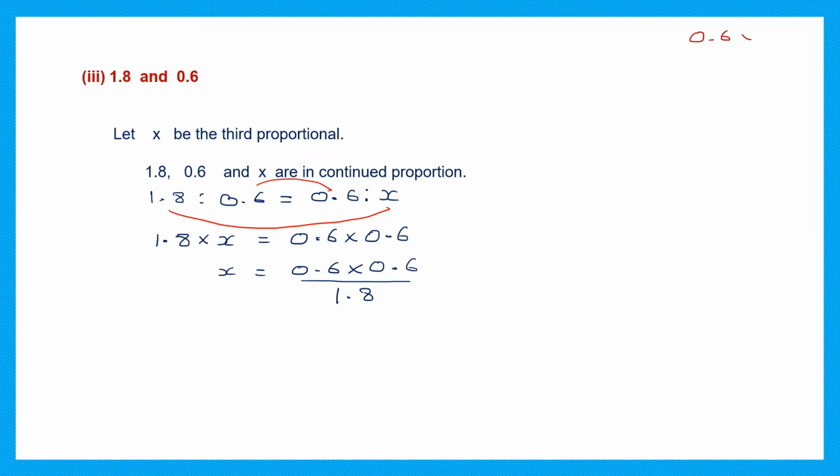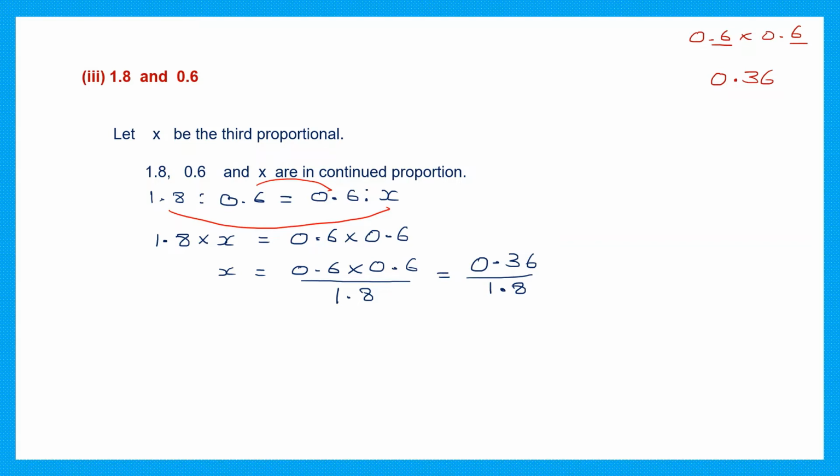If I have to multiply these two decimal numbers, I will ignore the point and multiply. 6 sixes are 36, and then I need to put back the point. Here there's one decimal place and here there's one more decimal place. There are two places, so my answer also should have two places. So my point comes here, it becomes 0.36. So here my number on top in the numerator will be 0.36 and my denominator is 1.8.